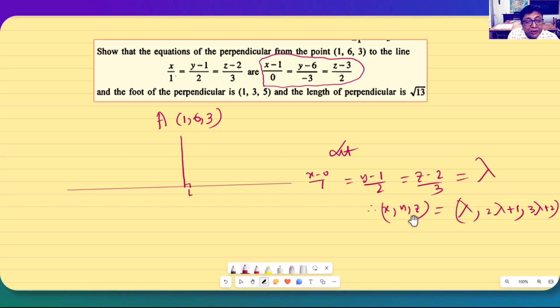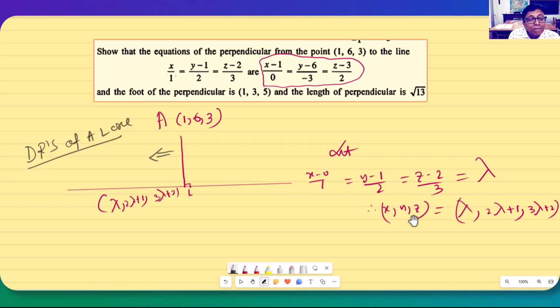So this point you take as lambda, 2 lambda plus 1, 3 lambda plus 2. Now what is the next step? We find direction ratios of this line. DRs of AL are what? x2 minus x1, y2 minus y1: lambda minus 1, 2 lambda minus 5, 3 lambda minus 3. These are the direction ratios of AL. Now AL is perpendicular to the given line.